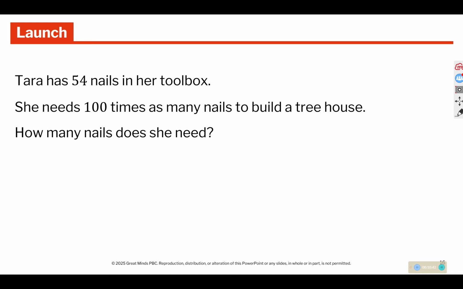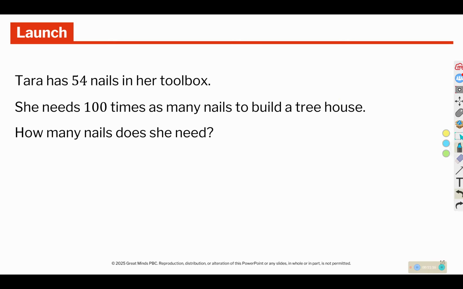If you're on your own, think about some strategies you might try to solve this question. You can pull up that place value chart and think about how we would shift those digits around when we multiply by 100.